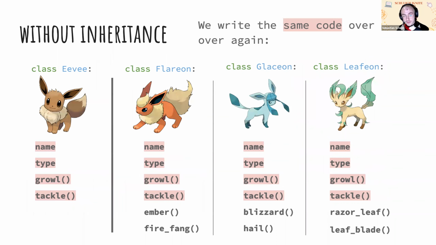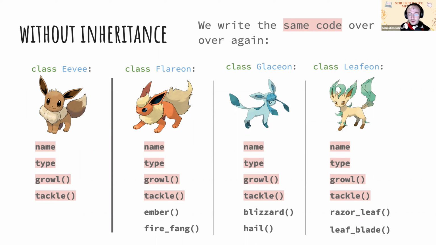Much like a lot of constructs in programming, a lot of it is to be able to reuse and organize our code. So inheritance allows us to do that. So this is without inheritance. Say we had an Eevee, a Flareon, a Glaceon, and a Leafeon, and they all have a name and they all have a type. And then they all can growl and they all can tackle. But only some of them can use some of their special moves like Ember, Blizzard, Razor Leaf, for example.